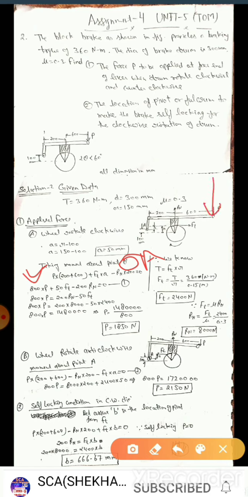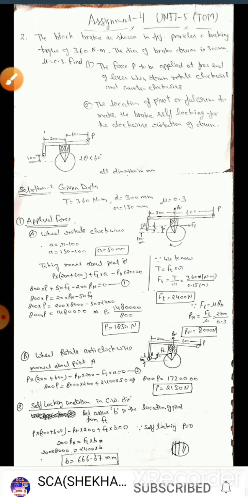P into 600 plus 200 makes a clockwise couple about point A. So putting the values in this equation, P into 600.